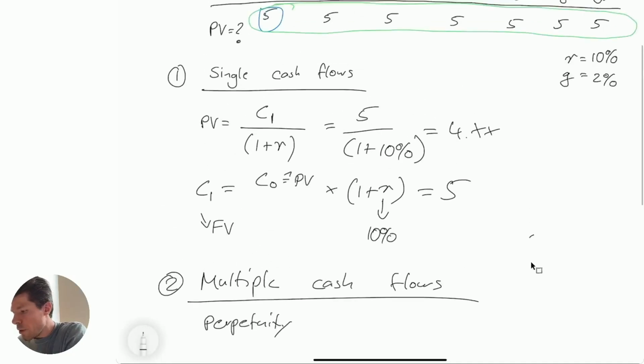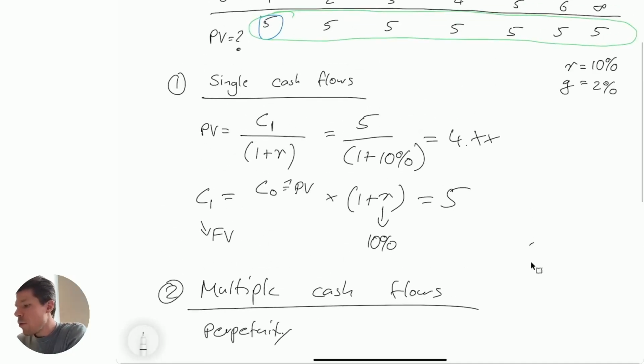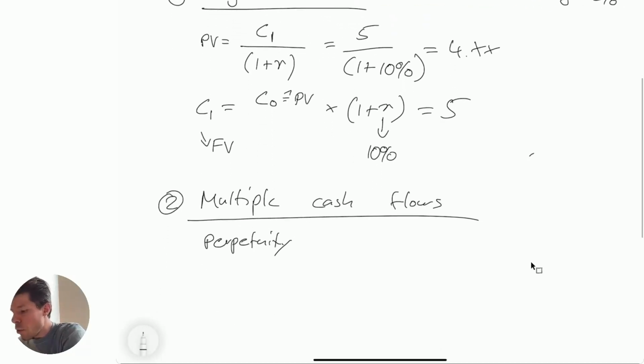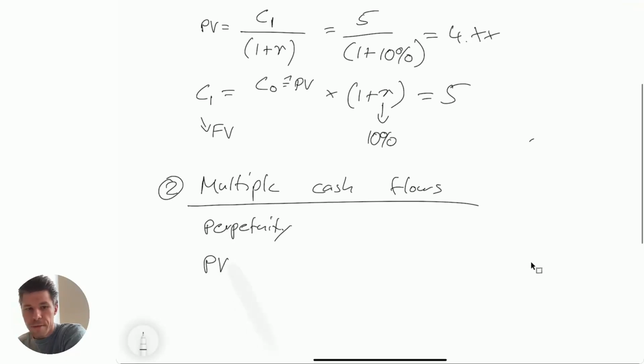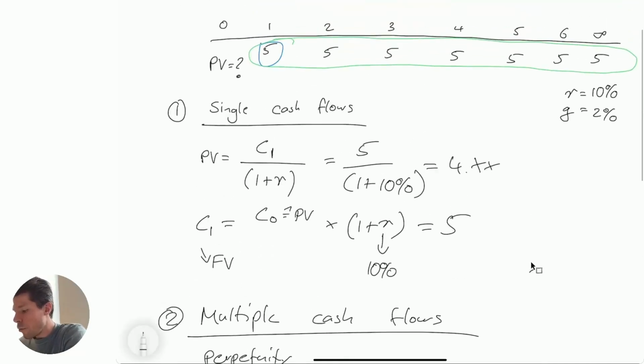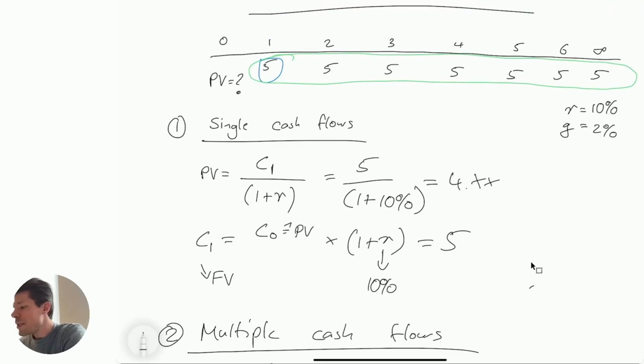For perpetuity, there are two ways. Again, if we want to calculate our present value, or our cash flow in year 0, then our present value equals C1 divided by R. Very important in this formula, the cash flow needs to be the same. It cannot be 5 in year 1, then 7, 8, 5, 3, 4, it needs to be 5.